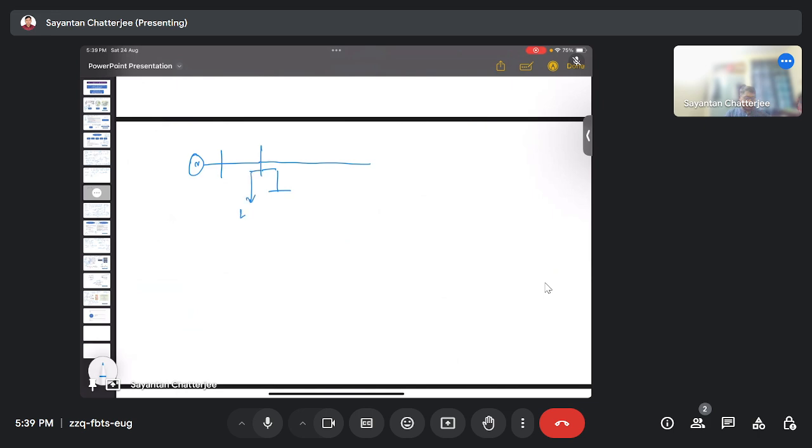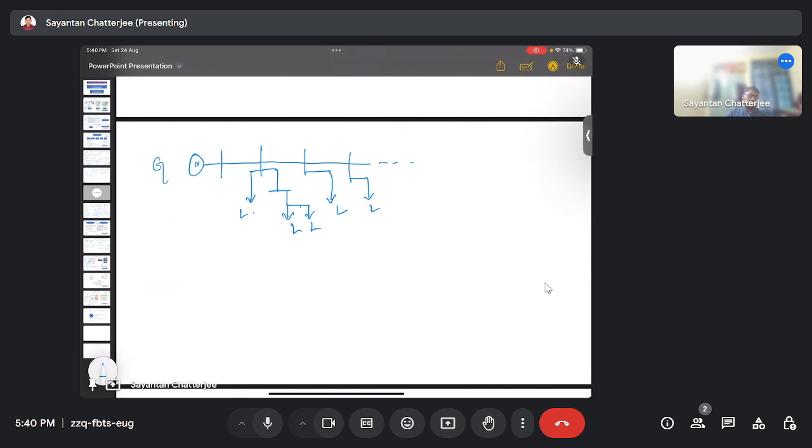Let's suppose some loads are there. We have a bus. We have two, three loads here. In similar cases, we have loads here. Okay. Dot.